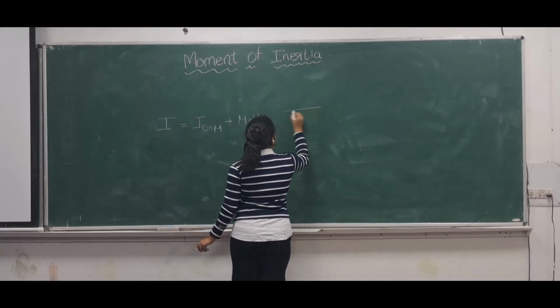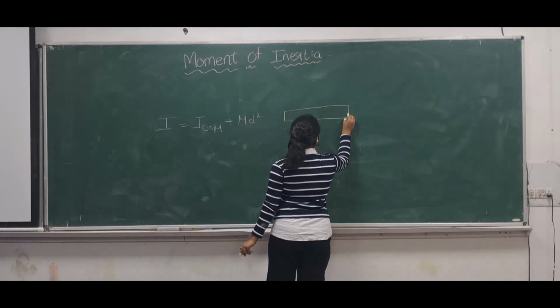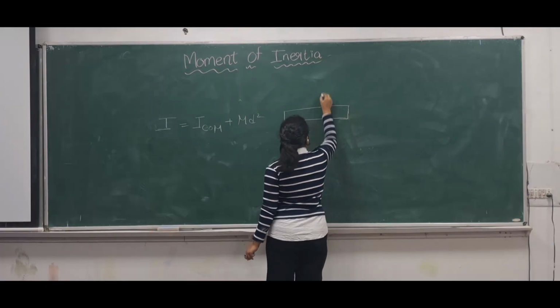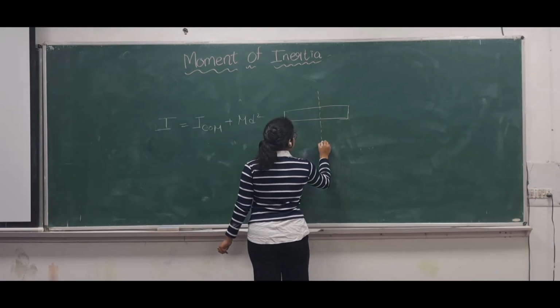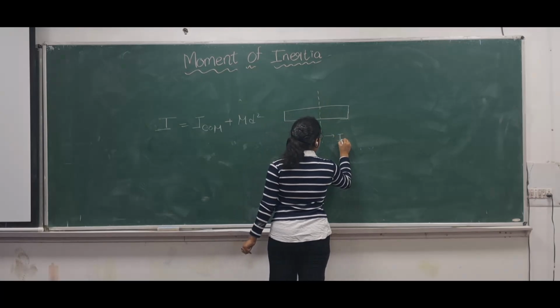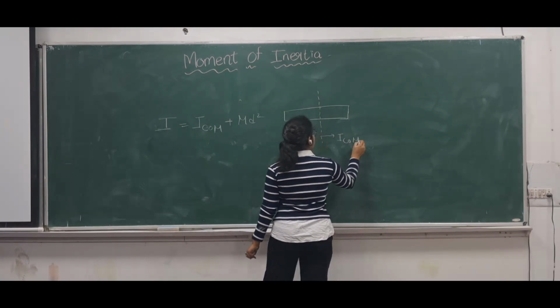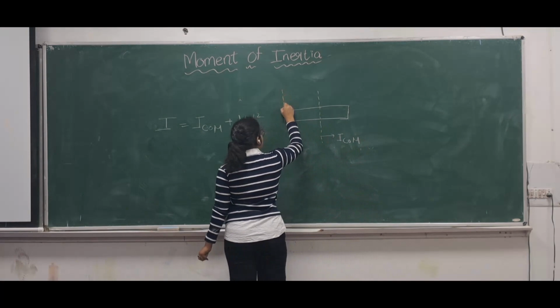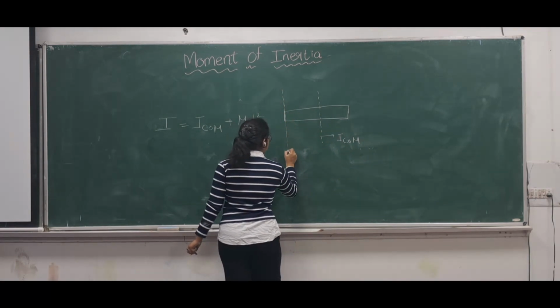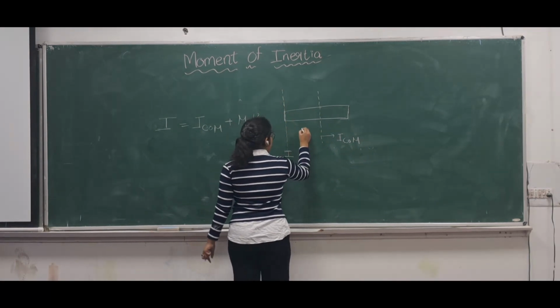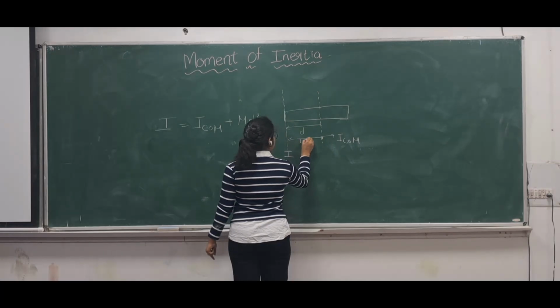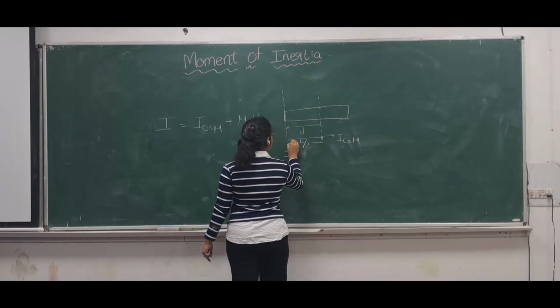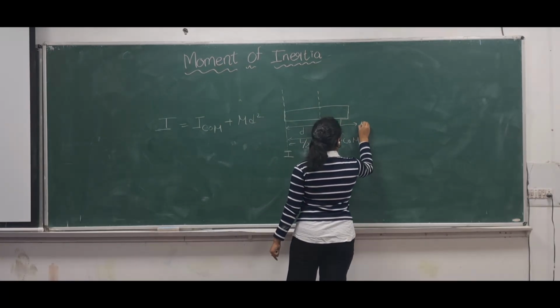Now let's draw the rod, where the distance is L by 2 and M is the mass of this rod.